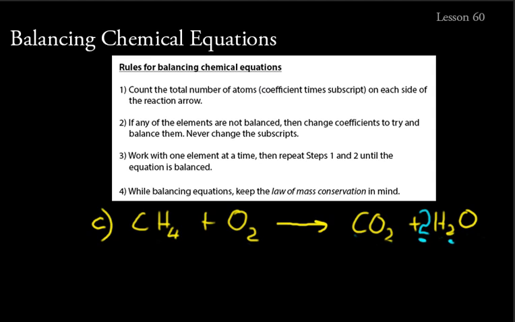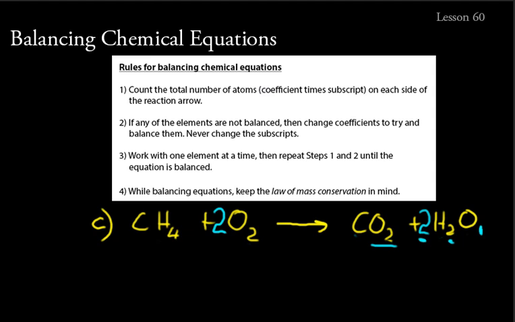So now go back through, we have 2 oxygens on the left, we have 1, 2, and then 2 times 1 is another 2. We have 4 oxygens on the right, so we'd need a 2 right here. Now we have 4 oxygens on the left, 4 on the right.